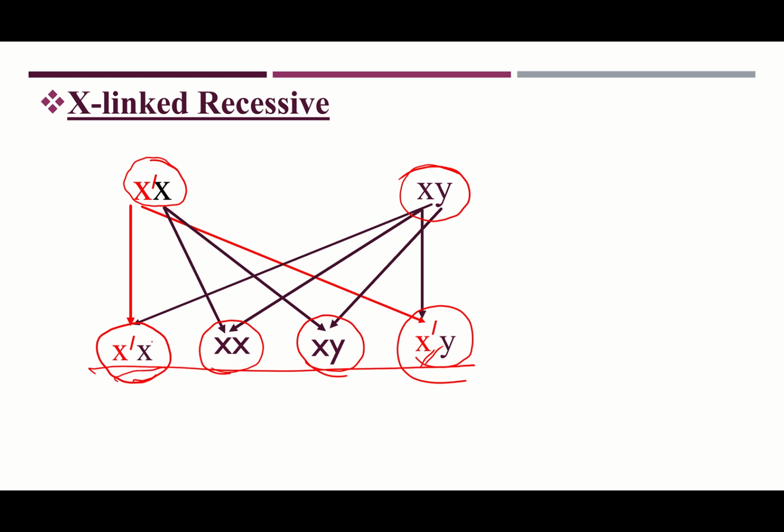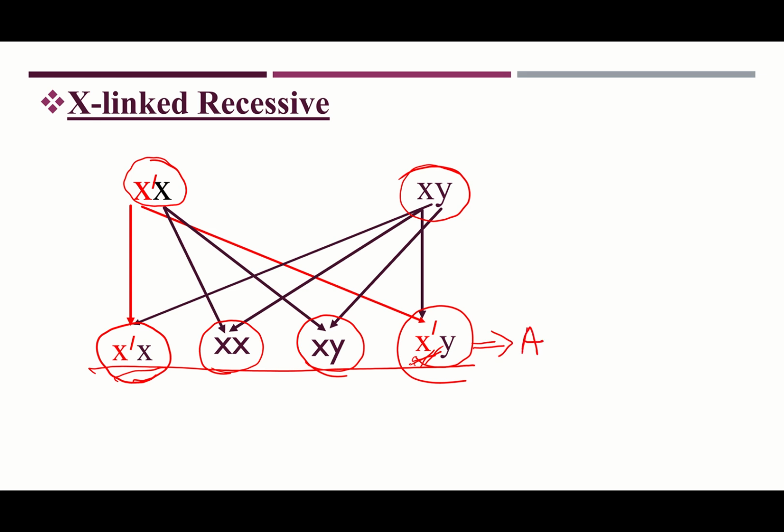Like in this case, if both X's were affected, then she would be affected too. But in case of male, since the male has only a single X gene, that single X gene is already affected, so the male is affected as well, because that was the only viable X he had.